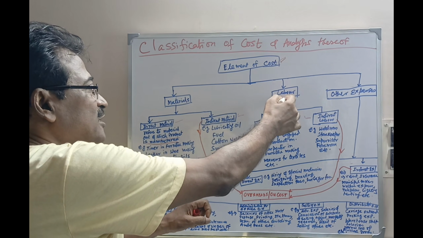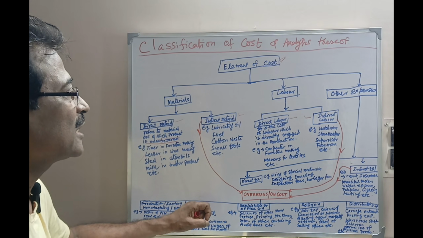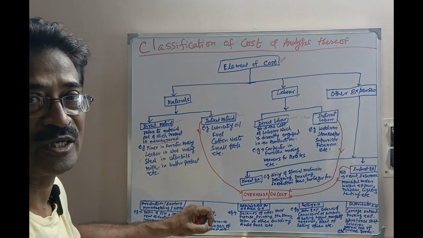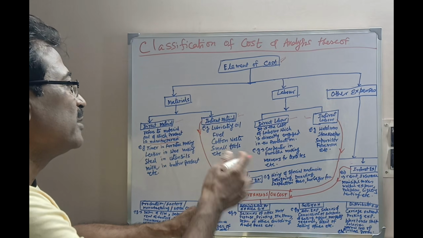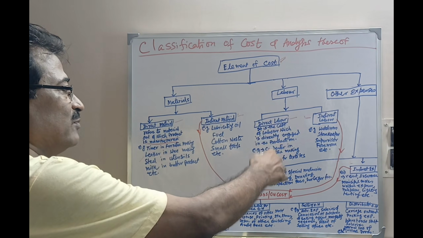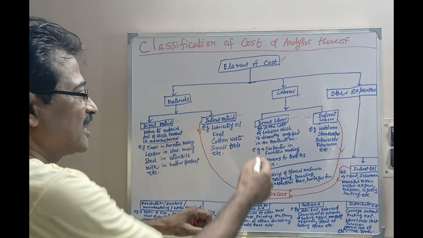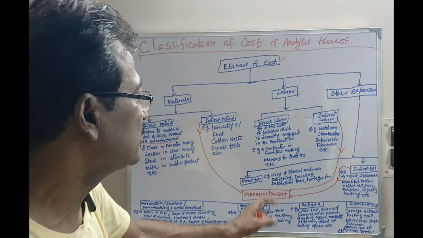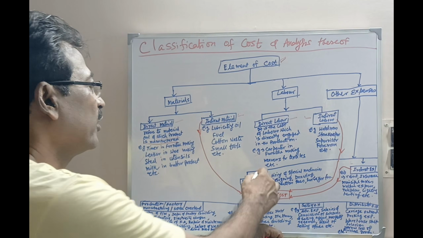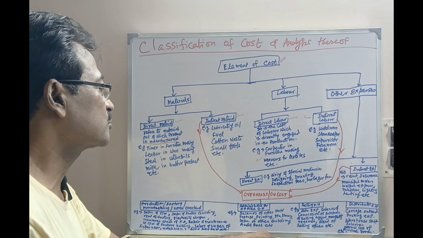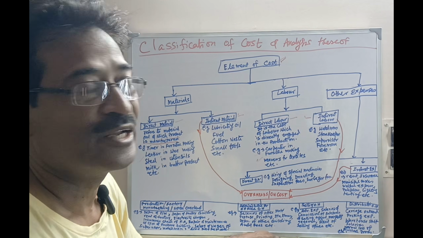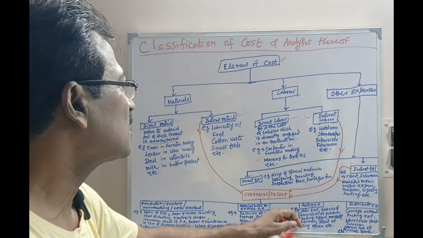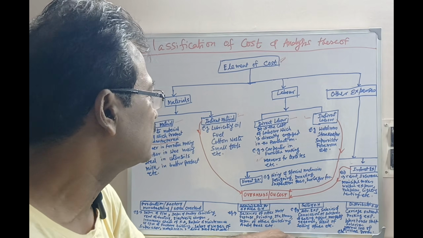Similarly, there is direct labor. Direct labor is the cost of labor which is directly engaged in the production, in the manufacturing process. The best example is a carpenter. Cost of carpenter in furniture making, cost of weavers for the textile industry, etc. That is direct labor, the labor cost which is directly engaged in production.